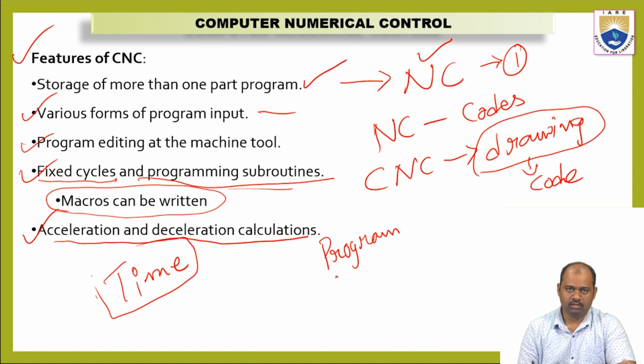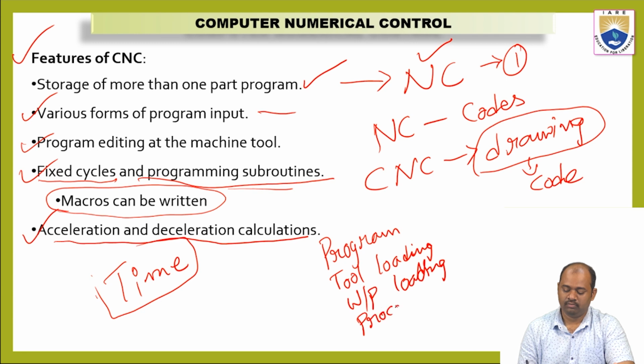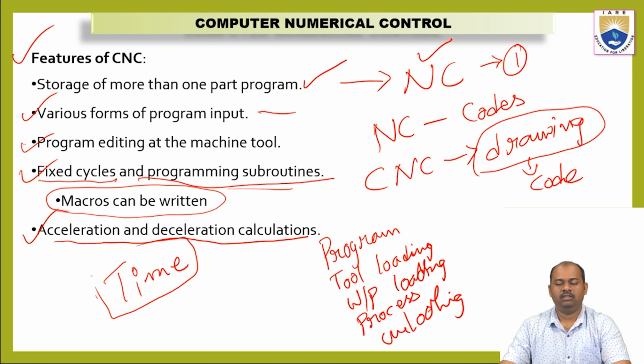Then this program is processed, and after that, tool loading has to be done, then workpiece loading, then after workpiece loading we have to do the process, and after that, tool unloading. So these are the steps followed by any CNC machine.